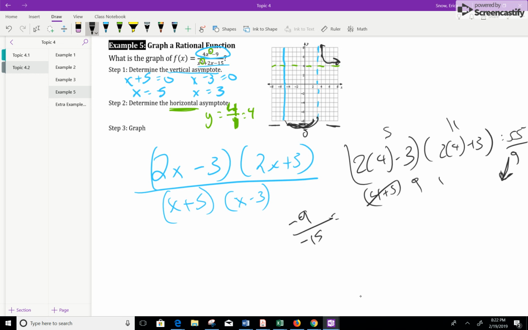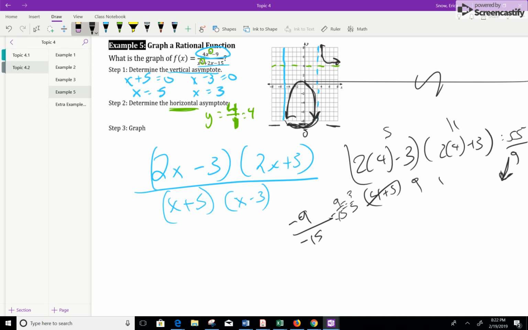So that is going to give me +9/15, or 3/5, which is going to be here. So in this case, our graph is going to go like this. Just going to be that U through that point.